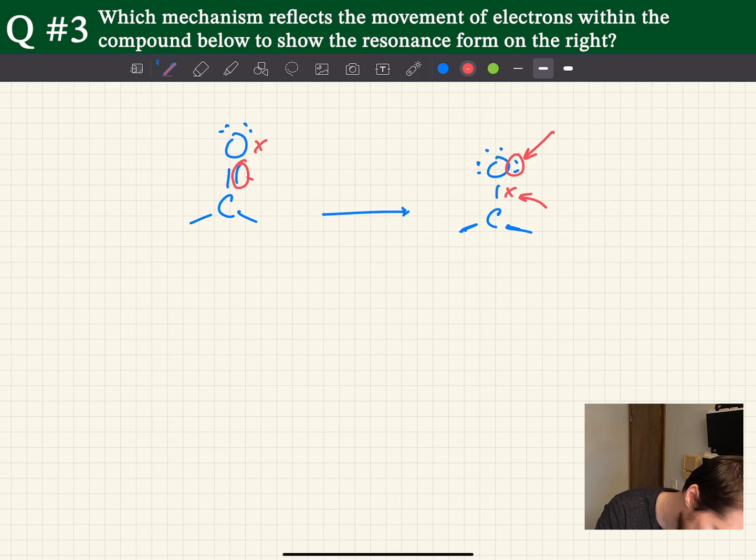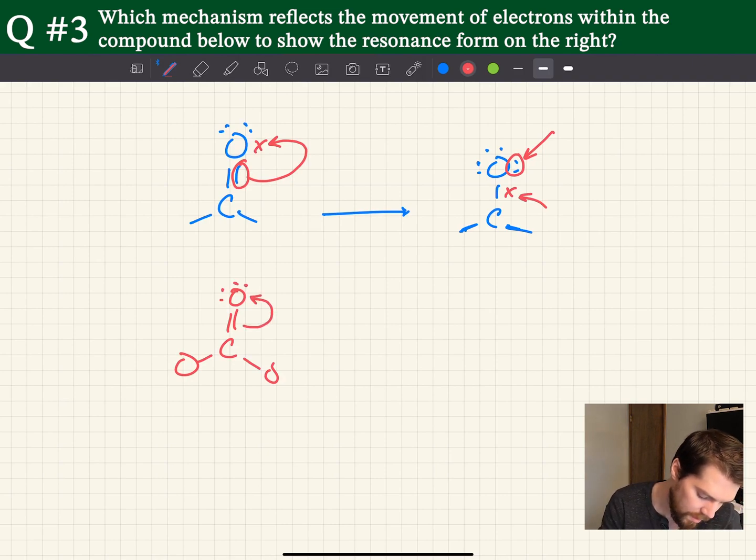So these electrons must have gone into, localized onto the oxygen. That's what we're talking about here, right? And so our mechanism arrows look like this. Boom, just one arrow from the bond to localized on that oxygen.